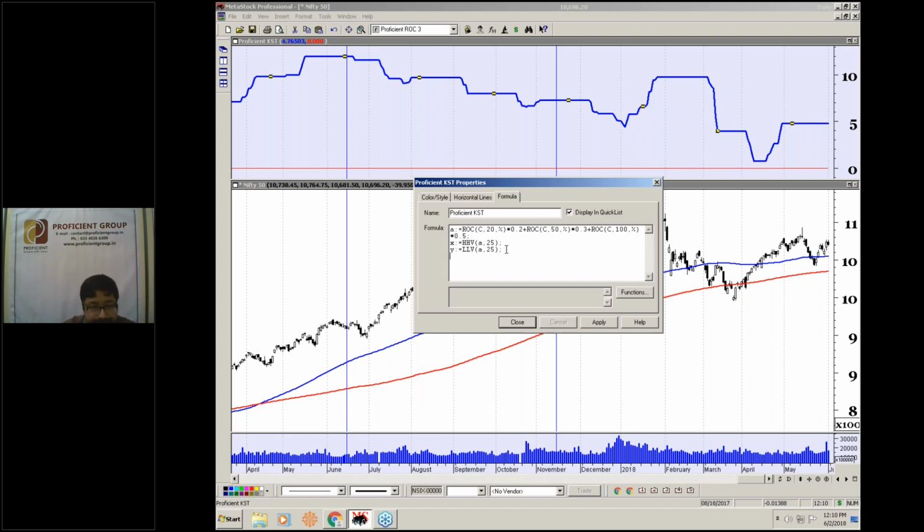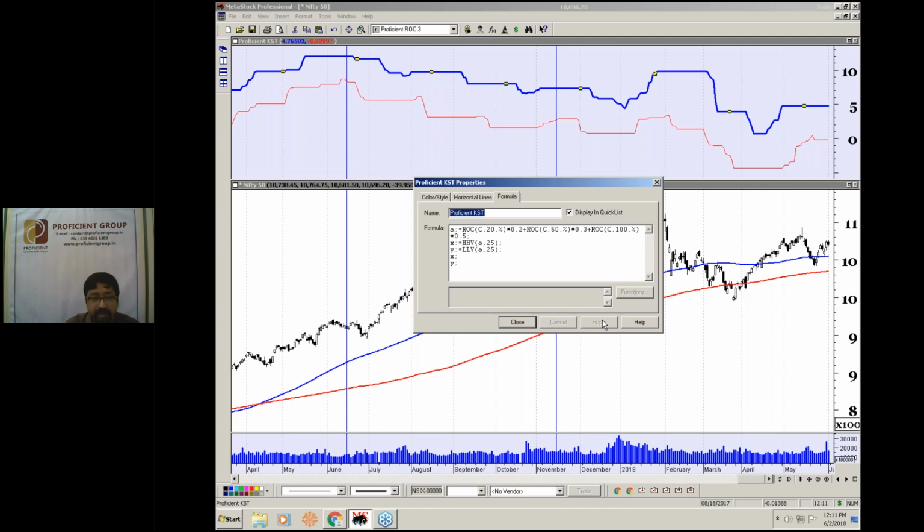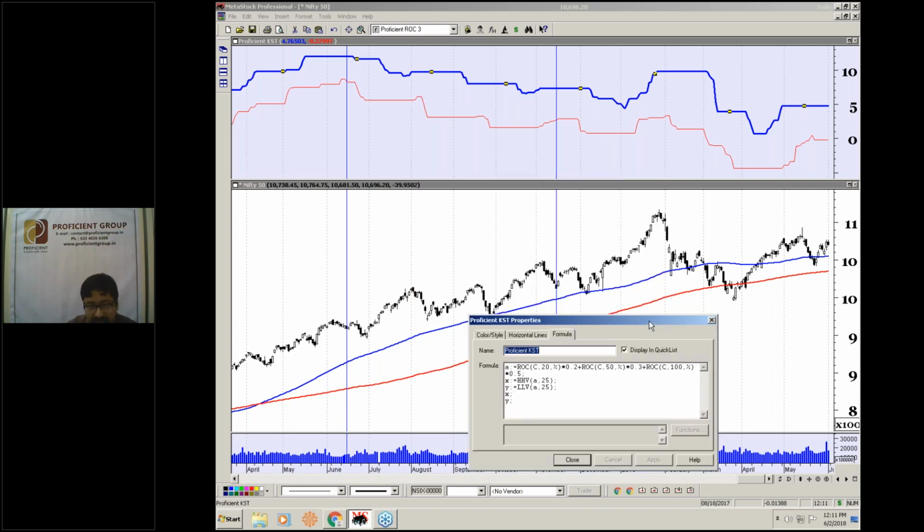And let's plot X, let's plot Y, and let's see how it looks. So here are the two lines, and the KST. These lines actually show the greatest and the least value of KST of the past 25 days, right?